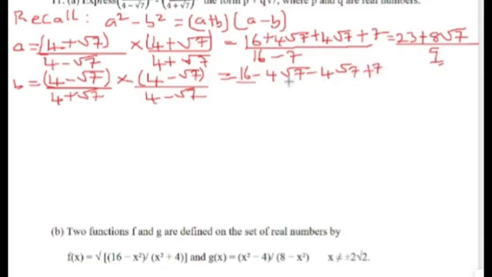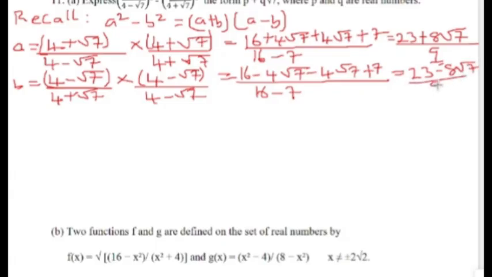Everything divided by 4 squared minus root 7 squared, giving us 16 minus 7. So we have 16 minus 7. Again, I'm going to have 23, but this time around it will be minus 8 root 7.